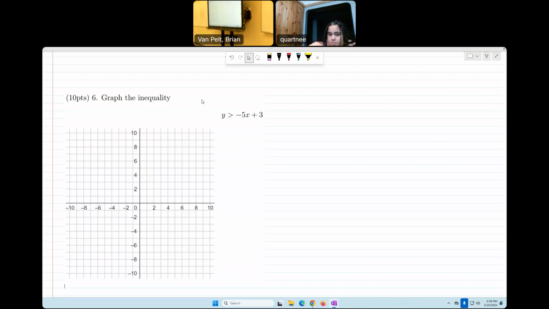It's just graphing too. The hardest part for me is to remember not to make the line solid.